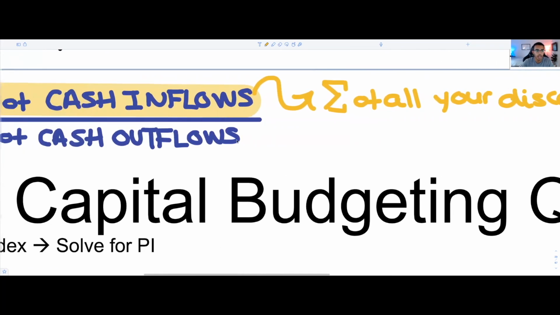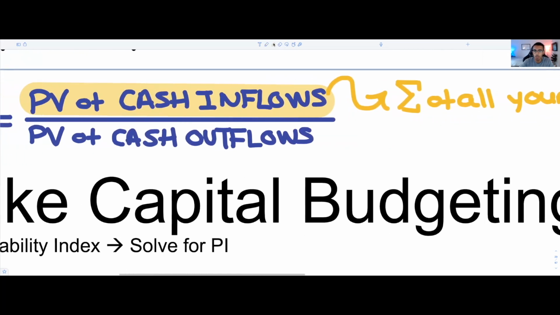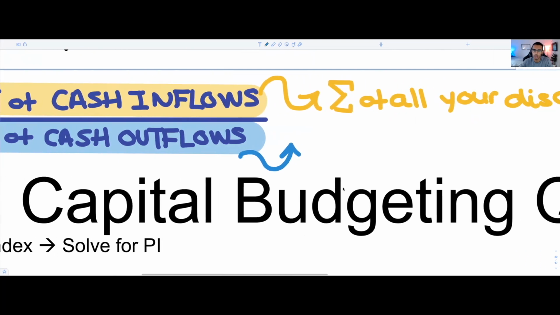And then your denominator, what's really funny is that it's simply going to be your initial investment for most of these questions. Perhaps if you're dealing with more comprehensive, high-level questions, they may require you to look at a cash outflow maybe at year 10 or somewhere in the future, but that's extremely rare.